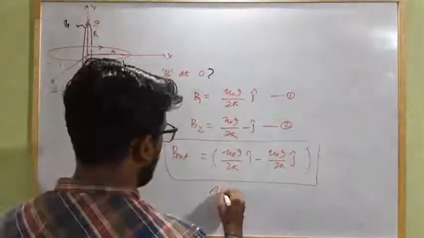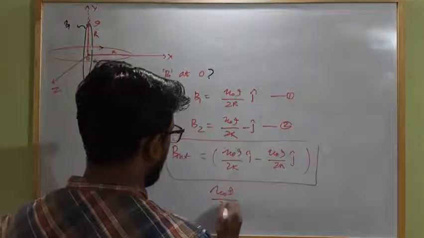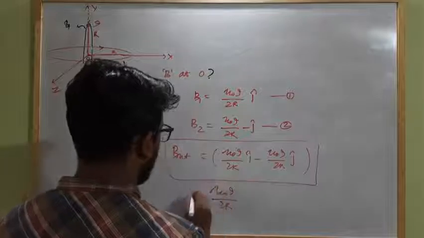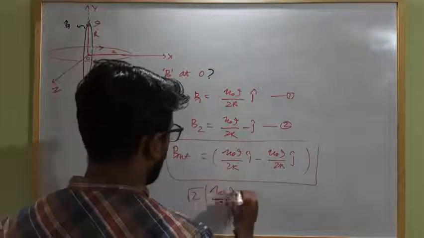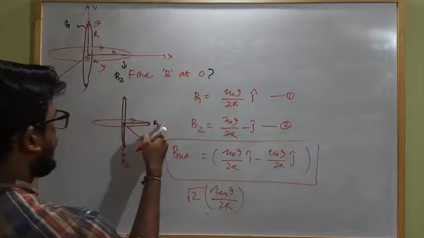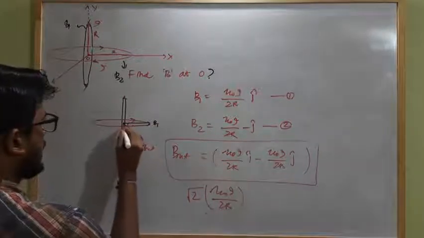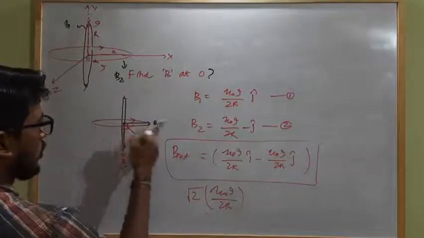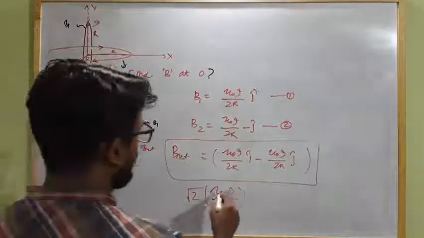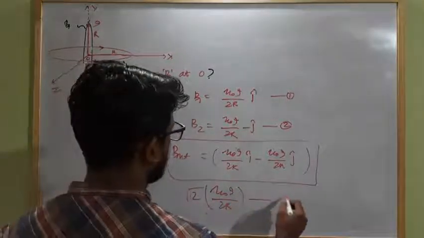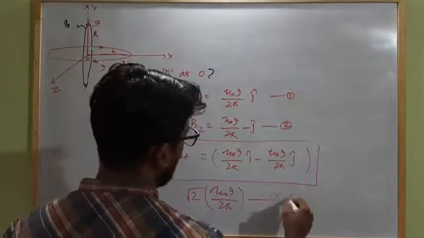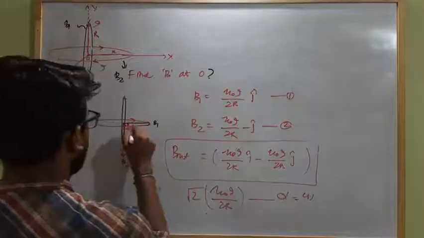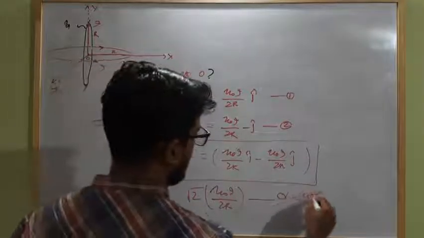Because B1 square plus B2 square, the angle is 90 degrees, so B net will be B1 square plus B2 square under root, both are the same, so root 2 mu naught I by 2R, along alpha equal to 45 degrees, clear?